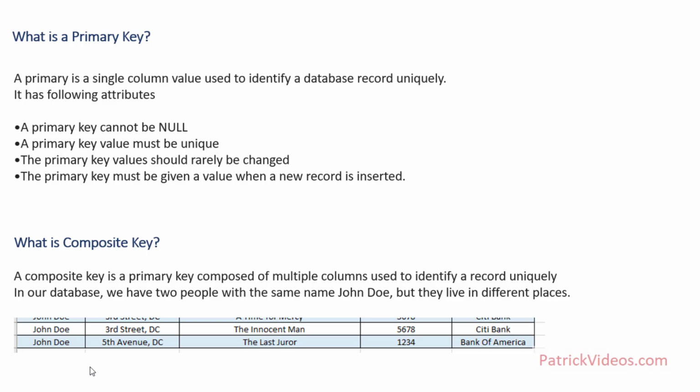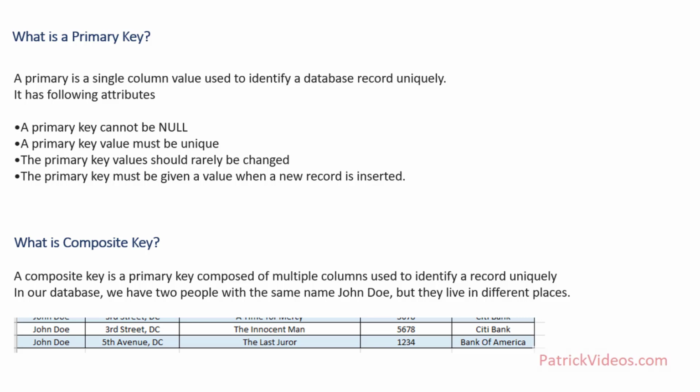These are two different people but with the same name. So you cannot have John Doe as the primary key because it is not unique. But a combination of two columns, are they unique? Yeah, John Doe of 3rd Street is a unique combination. It is different from John Doe of 5th Avenue. So if you combine two columns and they are unique, then it's considered a composite key.